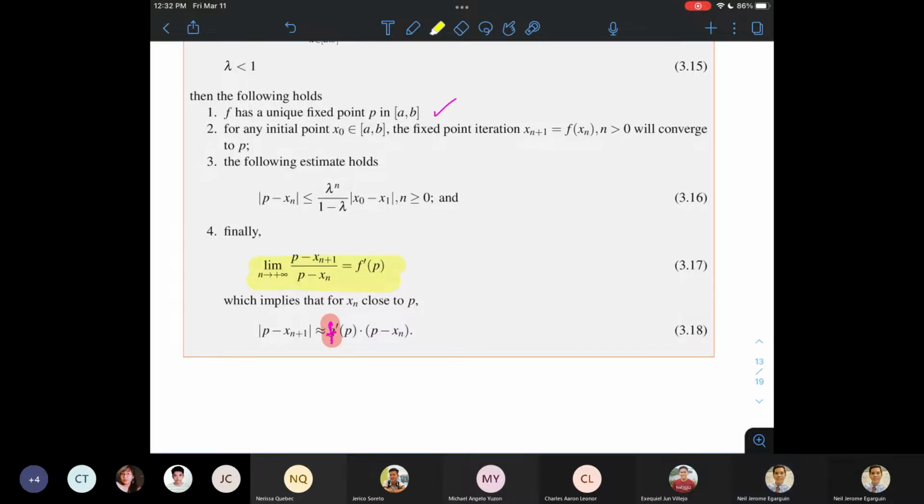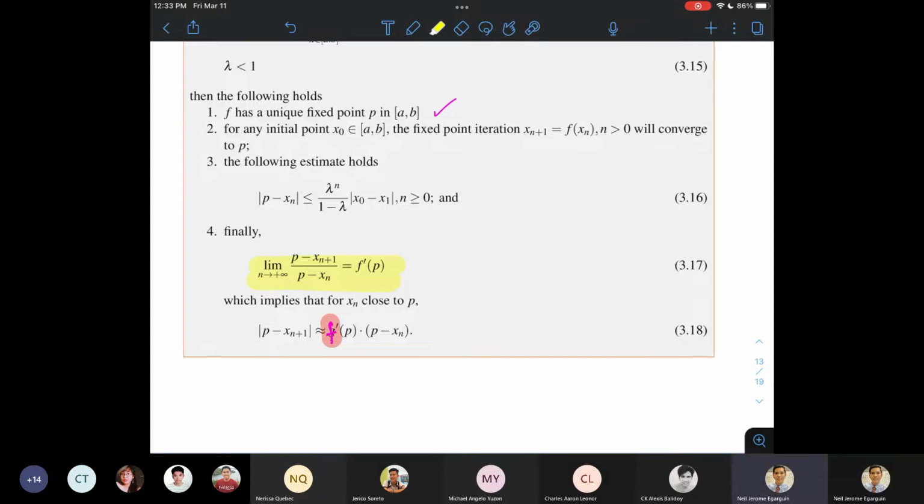But yes, CK, ano yung ibig sabihin ng equation 17? Is it the asymptotic error constant po? Okay, yeah. You can say that. Thank you, CK. That's right. The asymptotic error constant is f prime of p, which is the constant. Yeah, that's correct, but I'm looking for the other thing. Ito siguro yung mas significant. Anyone else? Ano pa yung sinasabi ng equation 17 aside from giving us the asymptotic error constant?